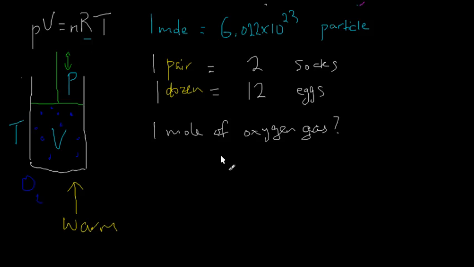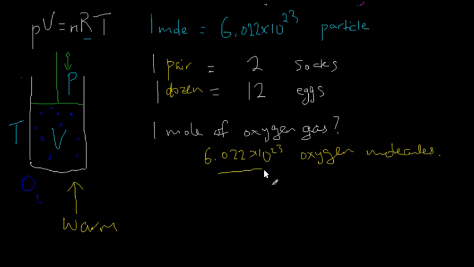A mole of oxygen gas means I have 6.022 times 10 to the power of 23 oxygen molecules. And this is exactly what 1 mole of oxygen gas means. I hope that makes it easier.